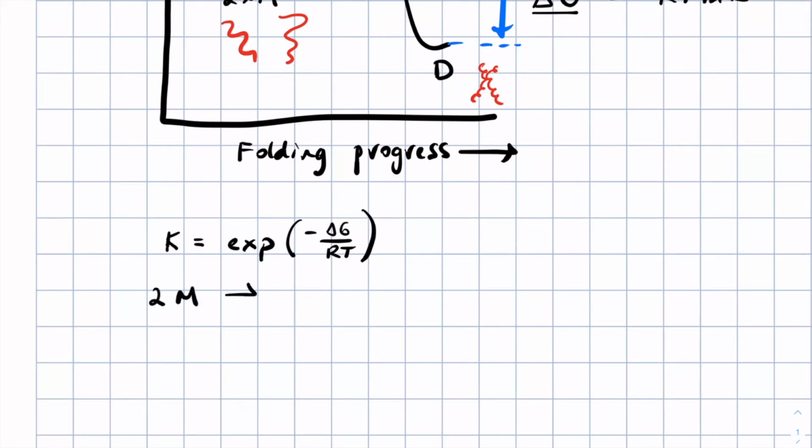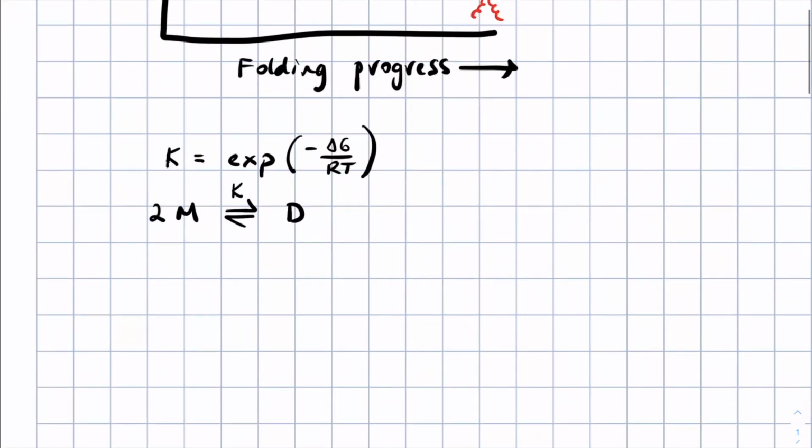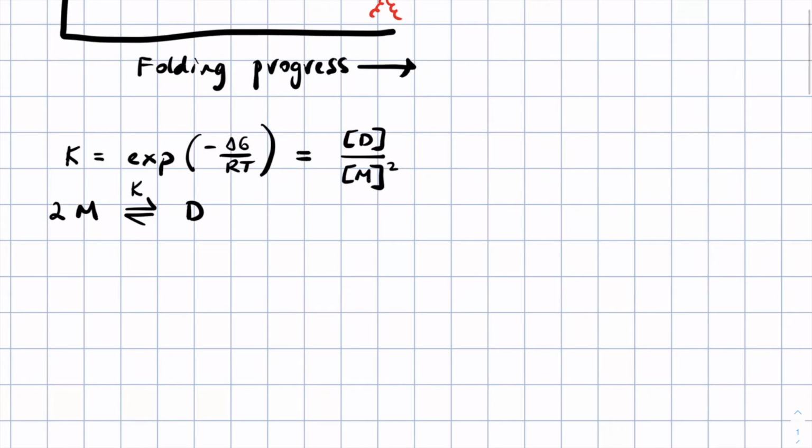If two monomers come together to form one dimer, and K is the equilibrium constant, we could say that K is also equal to the concentration of dimer divided by the concentration of monomer squared. All right, at any given point. And we can rearrange things, but we'll deal with that in just a second.